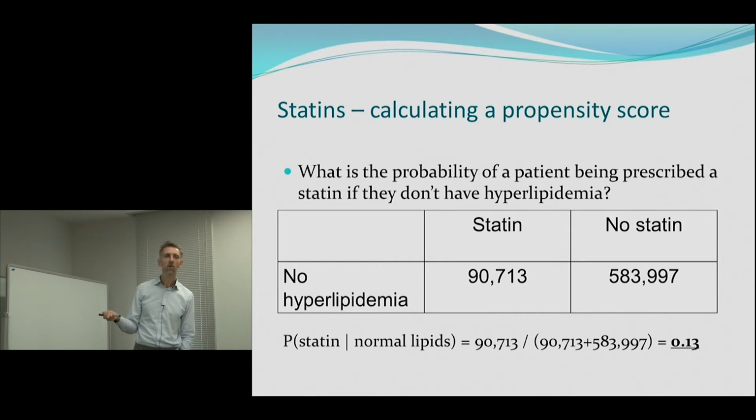This would give us a number of 0.13. So it would mean that everybody in the whole data set, regardless of whether they're taking a statin or not, would have had a probability of taking a statin of 0.13. Everybody with me? Great. So that would be in the strange world where only having high lipids influences the chance of taking a statin.